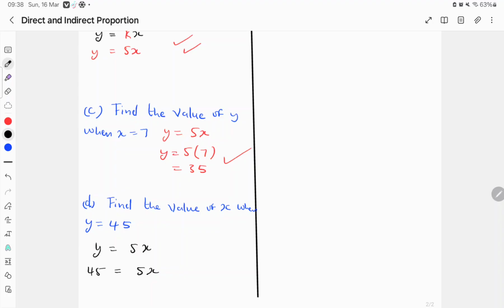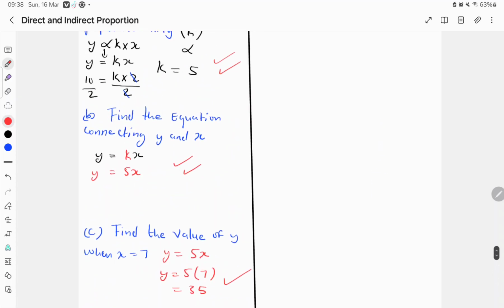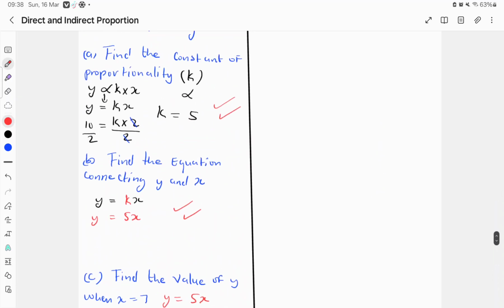Now you are solving for x, so we divide both sides by 5. If you work it out on the calculator, you can see that x is equal to 9. This one is also a 1 mark question, and then you are done. So this is what you do. If you don't understand, you can repeat the video and then you can understand.